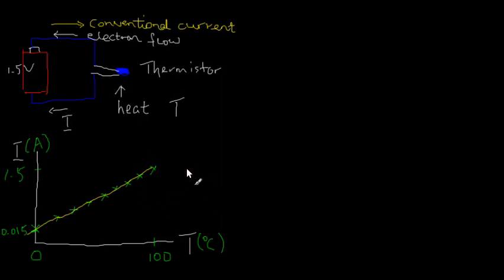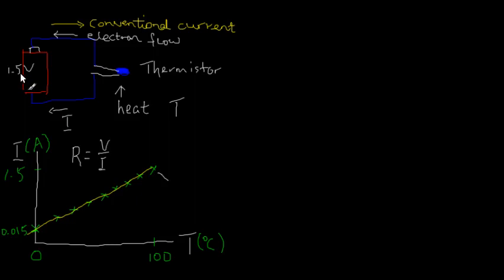Now let's think about the resistance. Let's recall the formula for resistance. Resistance is equal to voltage over current. Okay. So if I want to find the resistance at this point, I would take voltage over current.